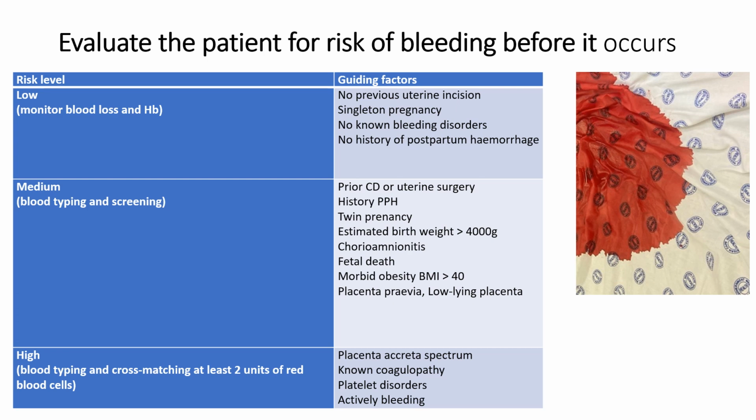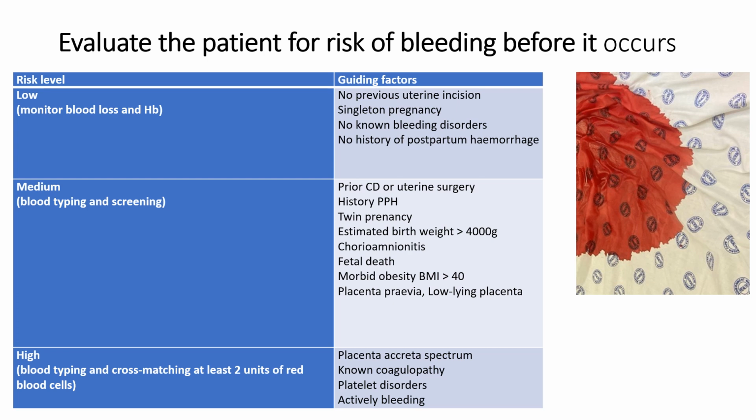So at this point, it is important to evaluate the patient for risk of bleeding before it occurs. And please do this for every single patient that you see. Ask yourself, is this patient low, medium, or high risk of bleeding?